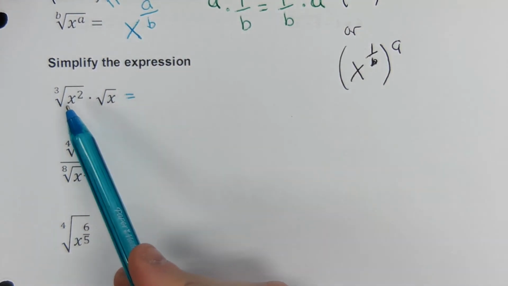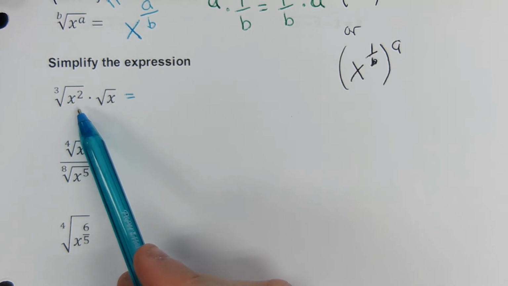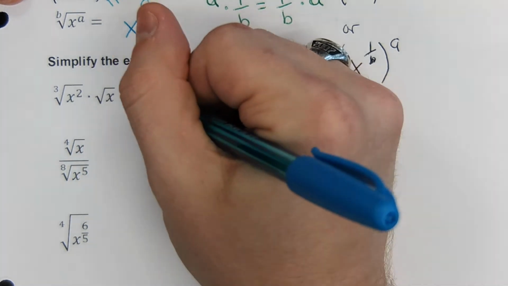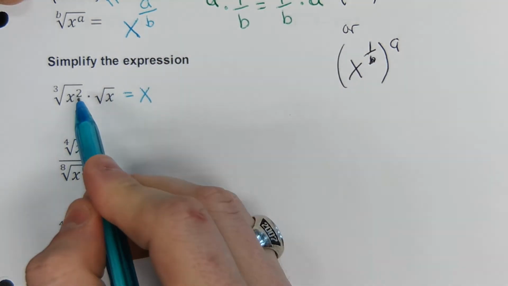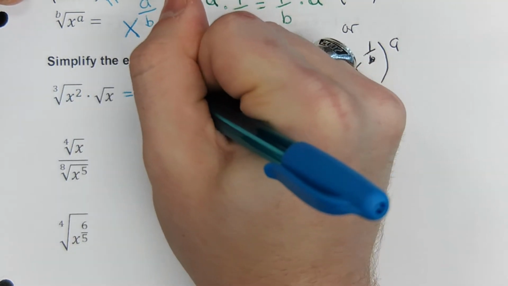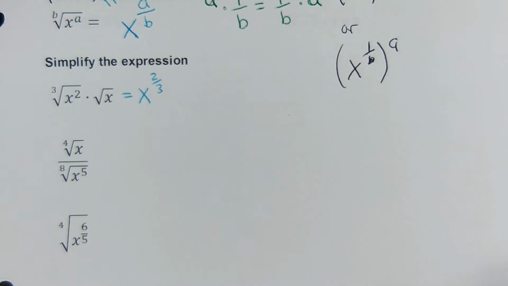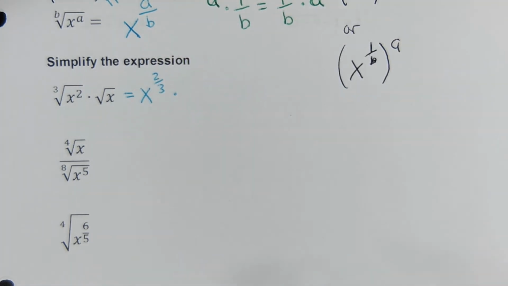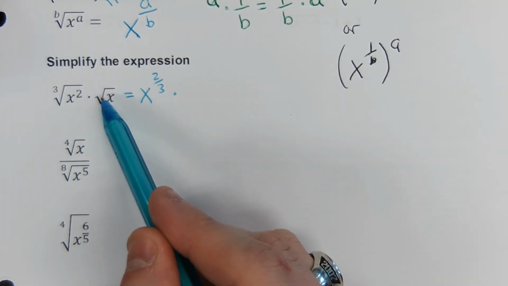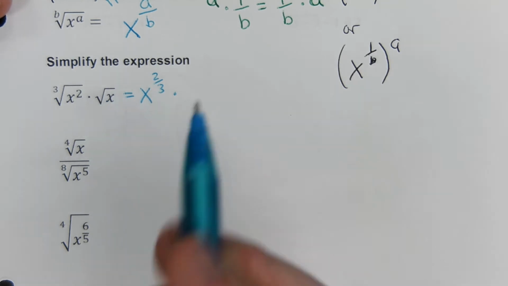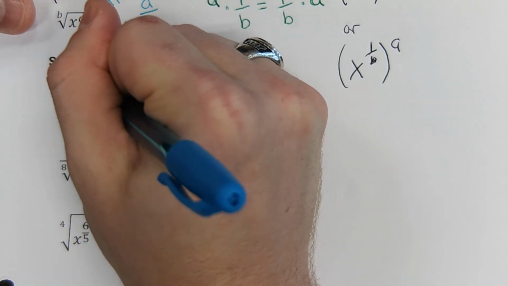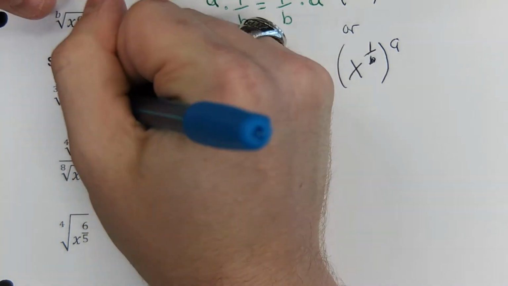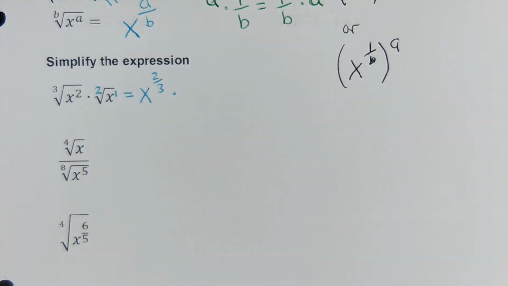So instead of saying that this is the cube root of x squared, what I want to do is I want to say that this is x to the 2 over 3, x to the 2/3. Times, and we talked about this last week, it's not written, but what is the index of a square root? It's a 2. So a square root can be thought of as being the 1/2 power. I know there's not an exponent written on that x, but it could have been a 1.